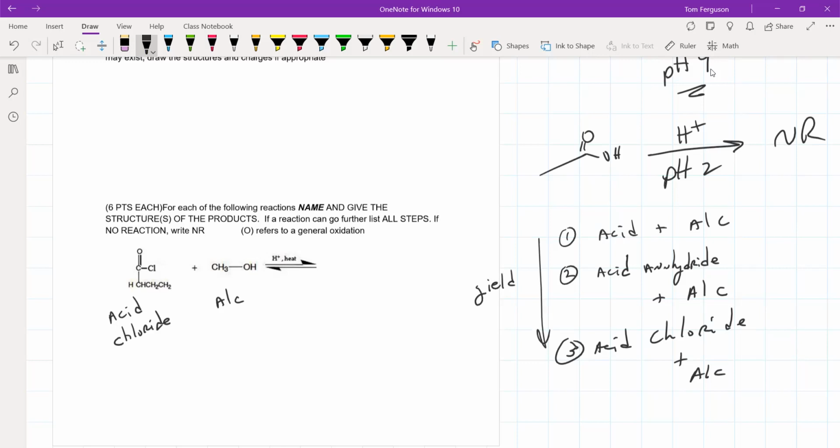Okay, so we have an acid chloride and an alcohol. So we're going to end up with that H and that chloride form HCl plus. So this is ethanol. This is a 4-carbon acid chloride.